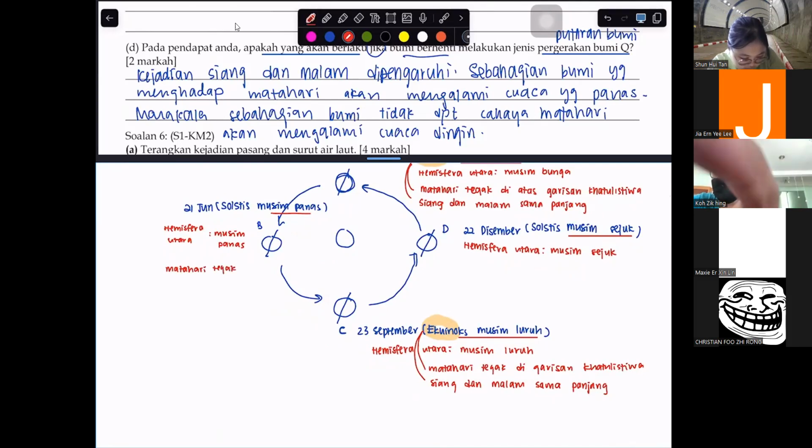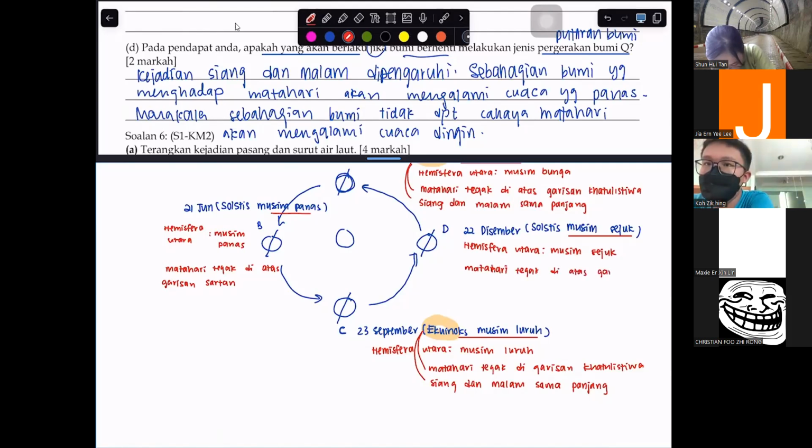If panas means sunlight gathers at the north hemisphere, then sejuk is opposite, and the matahari is tegak di atas garisan jadi.